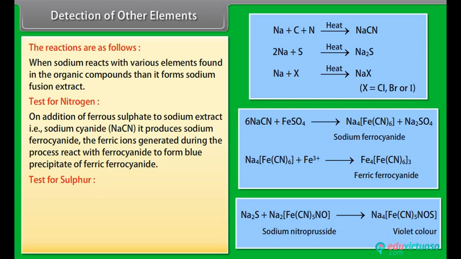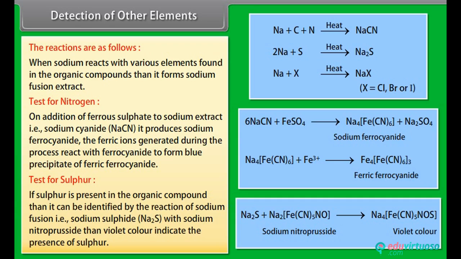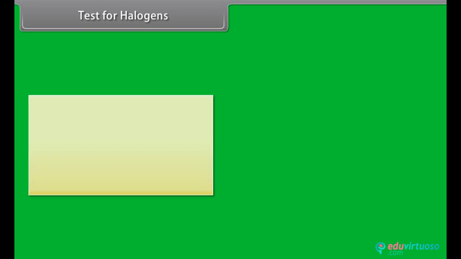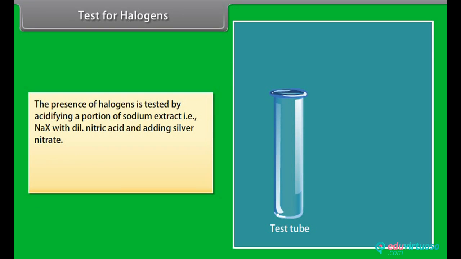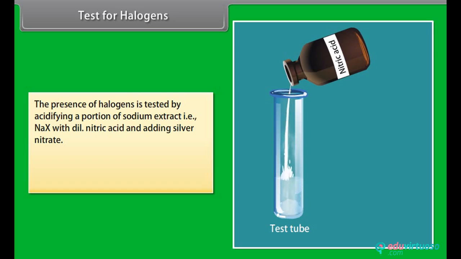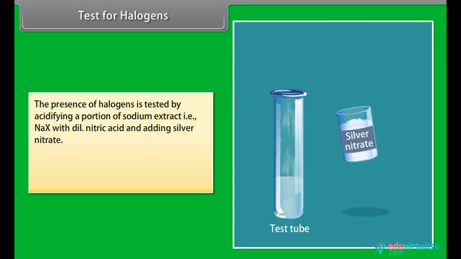Test for sulfur. If sulfur is present in the organic compound, it can be identified by the reaction of the sodium fusion extract, that is sodium sulfide Na2S, with sodium nitroprusside. A violet color indicates the presence of sulfur. Test for halogens. The presence of halogens is tested by acidifying a portion of the sodium extract, that is NaX, with dilute nitric acid and adding silver nitrate.